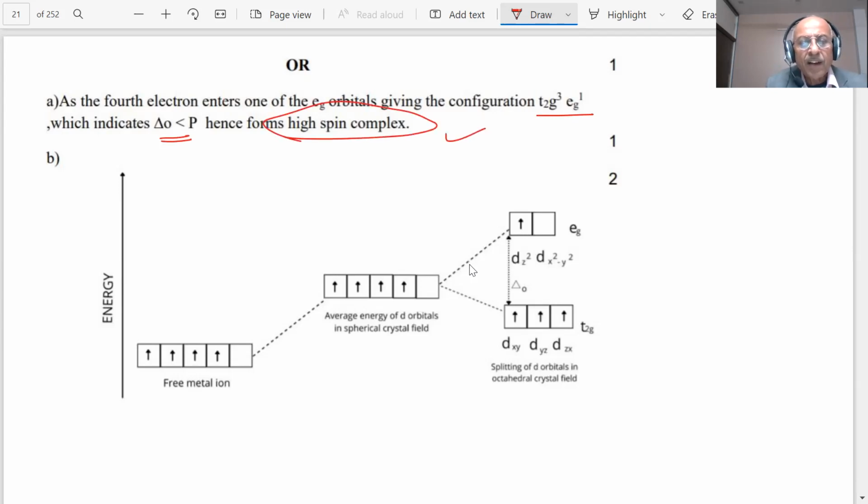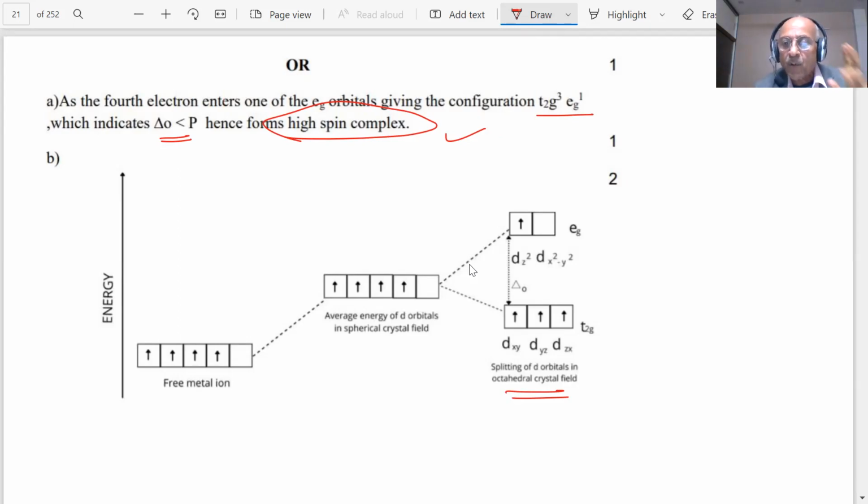And this is the energy level diagram which has been asked, the splitting of the d orbitals in an octahedral crystal field. In an octahedral crystal field, the electron density is higher in the z and x-y directions along the axes, so there is more repulsion when the ligands approach.